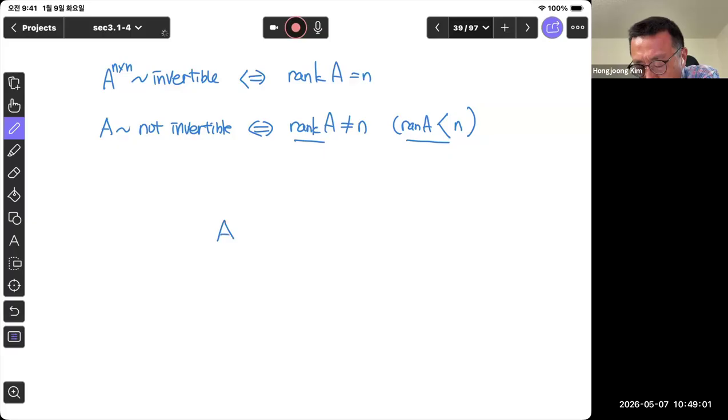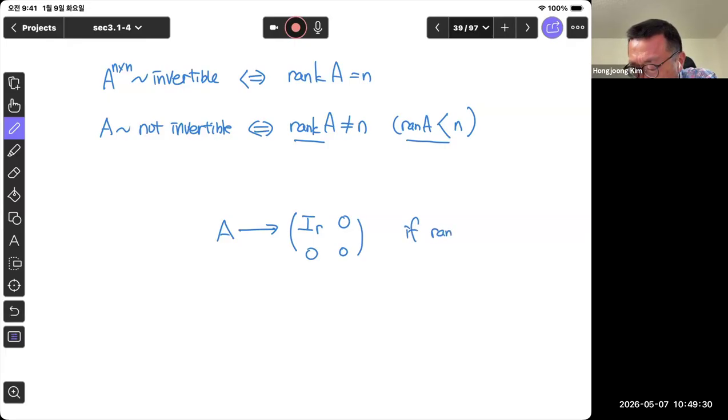Given A, when I perform elementary row operations, or elementary column operations as well, then when the rank is R, your A will be transformed to a matrix of this shape.